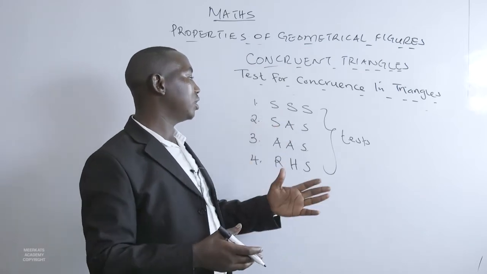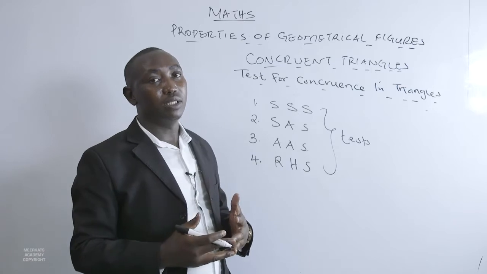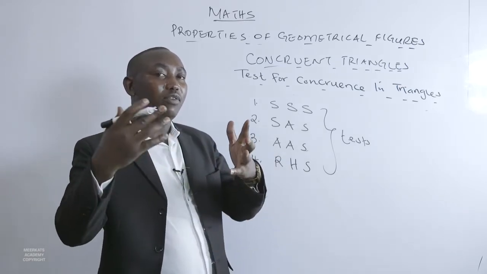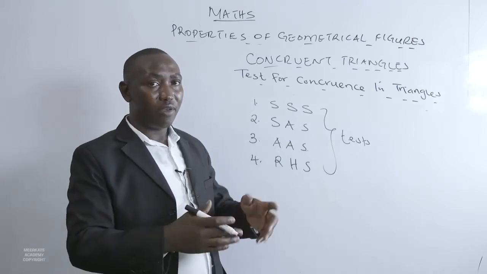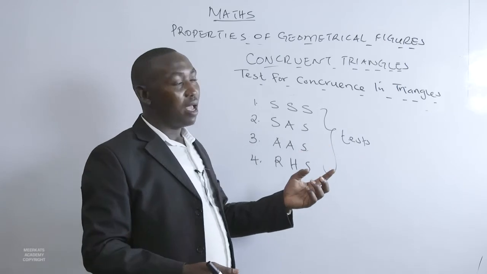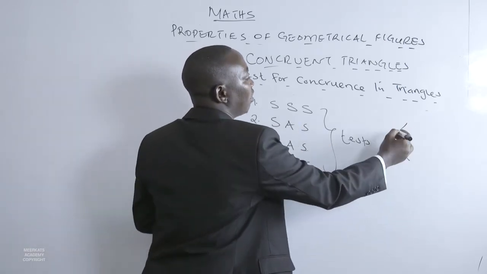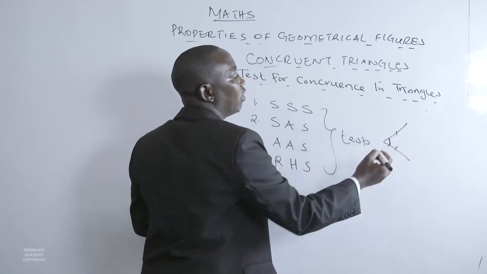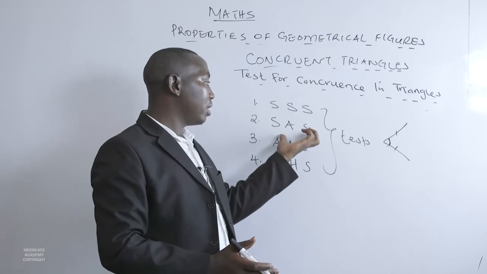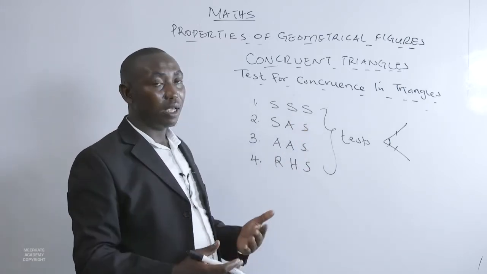For the SSS, we have said we consider the 3 sides of one triangle: are they equal to the respective sides of the other triangle? If they are equal, then they become congruent. Side angle side, and here we are saying that the angle should be an included angle, that is the angle formed between the 2 sides. So if these of one triangle are equal to the other triangle, then they are going to be congruent.